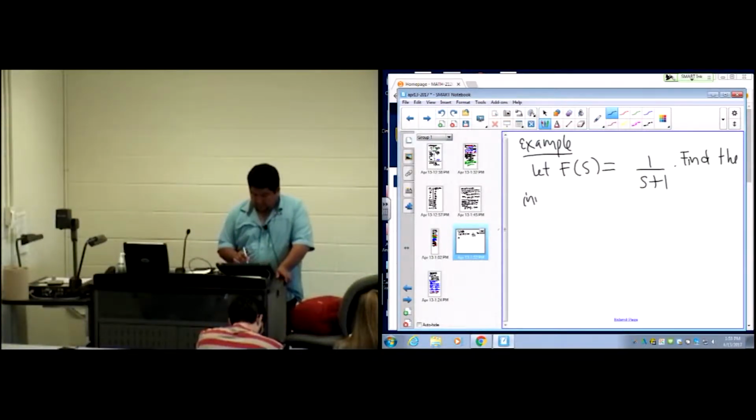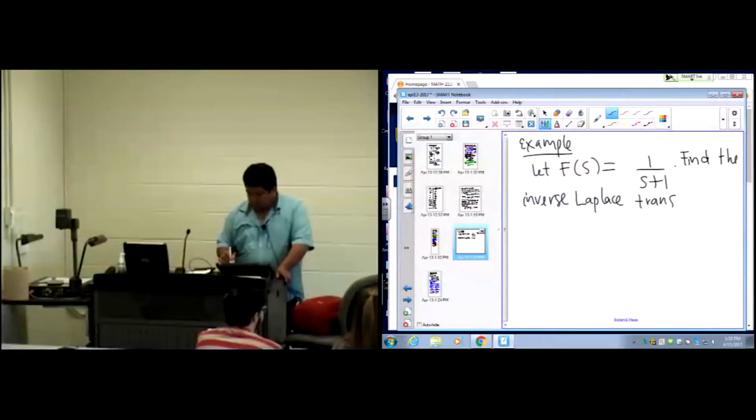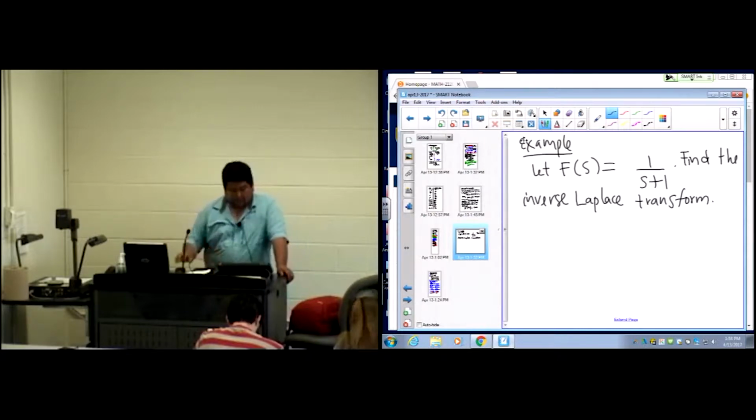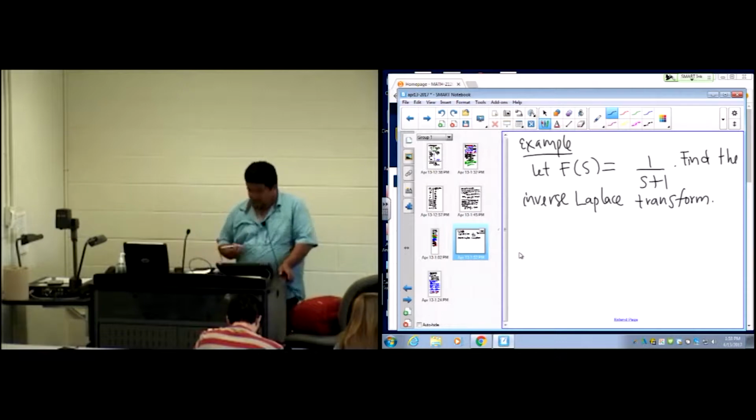Looks promising. And then on the left side, it says e to the minus at. So if that a is 1, then this would do it. If a is 1, 1 over s plus 1, we have on the second column, and the corresponding underlying function in the time domain would be e to the minus t.